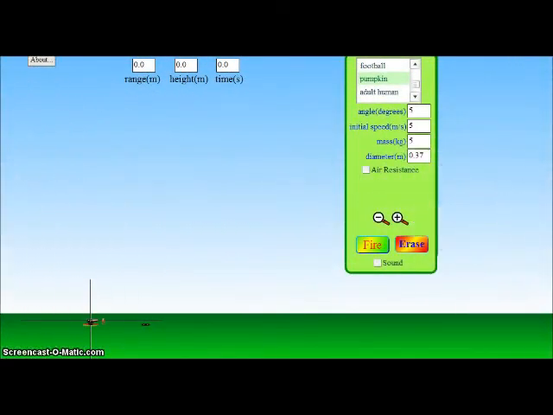Part 2. Variations on the velocity. For this portion of the experiment, we will be firing the same 5 kilogram pumpkin at an angle of 5 degrees, starting with an initial speed of 5 meters per second, increasing in intervals of 5 to 85.